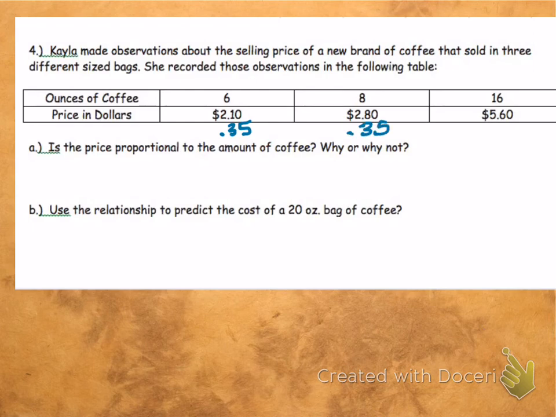Okay, looking good so far, same rate of change. Then I look at the next one, $5.60 for 16 ounces. So $5.60 divided by 16 is the cost per ounce. And again, 35 cents per ounce. So yes, this is proportional because the rate remains the same.